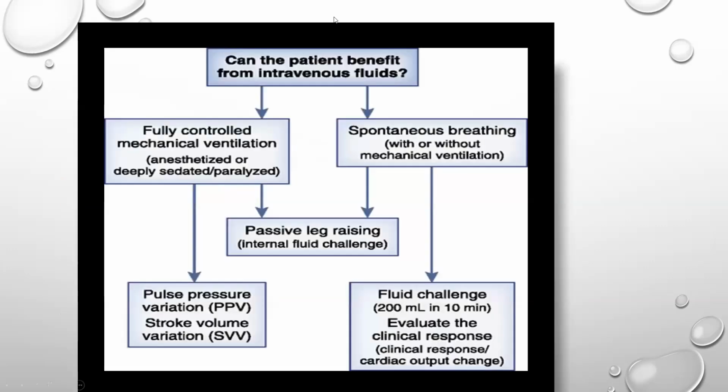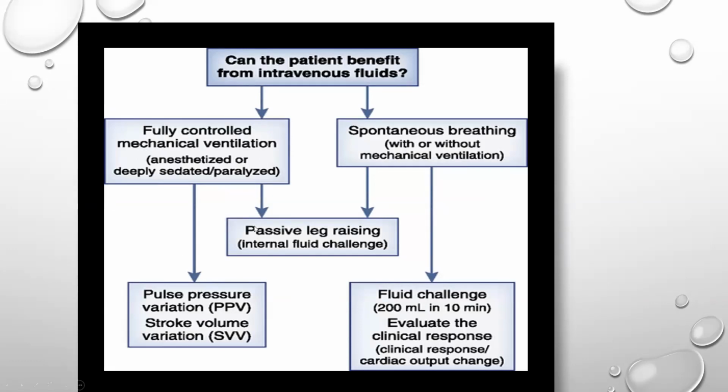So you can follow this diagram. You ask yourself this question: can my patient benefit from a further fluid bolus or not? You look at your patient. Your patient is fully controlled, that is, mechanically ventilated, deeply sedated, or paralyzed. He's not having spontaneous breathing.